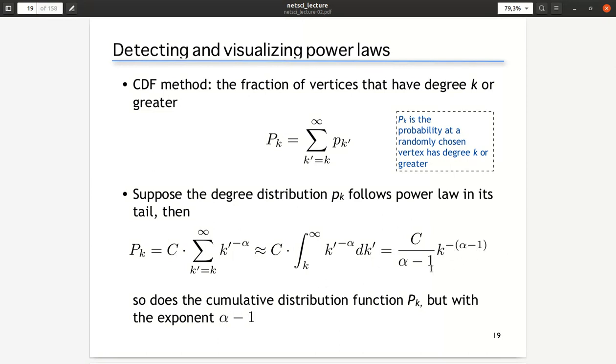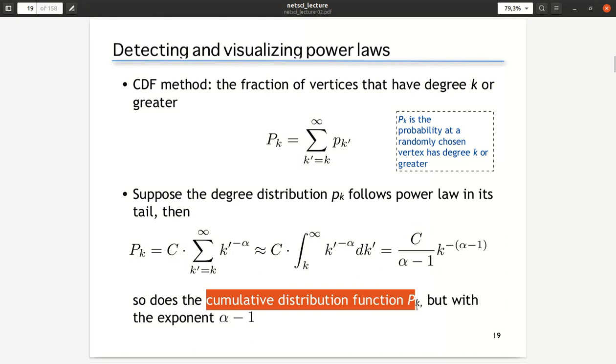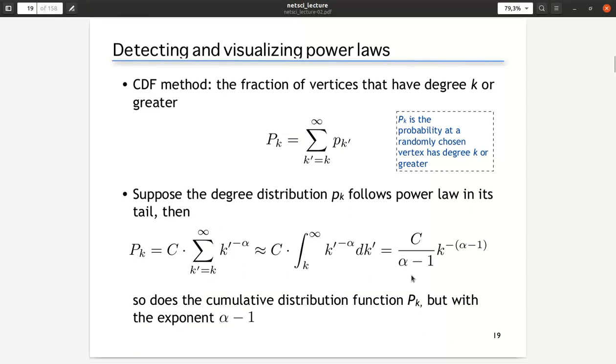Then it's multiplied by capital C. And the very simple conclusion is that if we have a degree distribution p_k which follows power law, then the so-called cumulative distribution function, which we denoted by capital P_k, also follows power law, but the exponent in that case is alpha minus 1. Why is it interesting? It's interesting only because I wanted to show you some formulas and the typical derivation of this kind of facts mathematically.